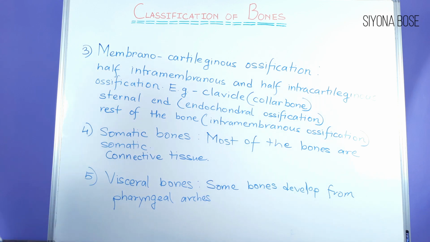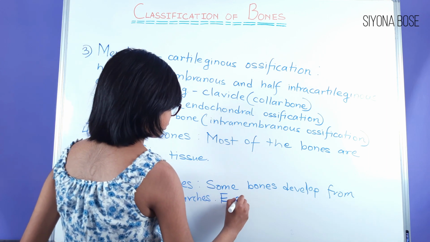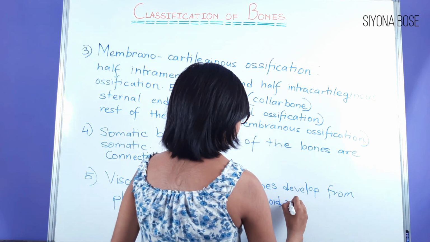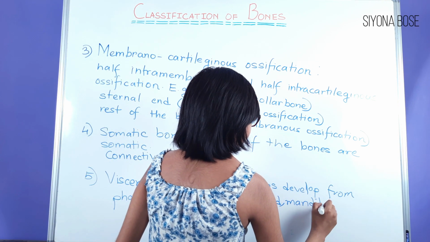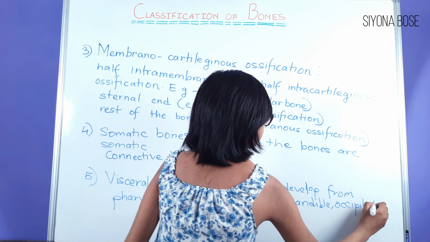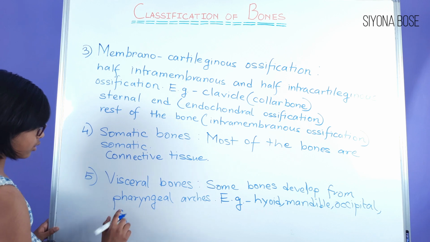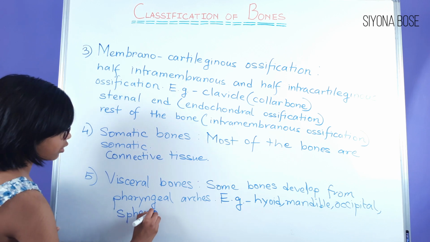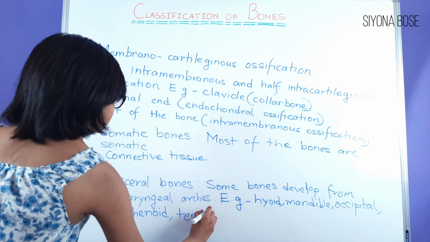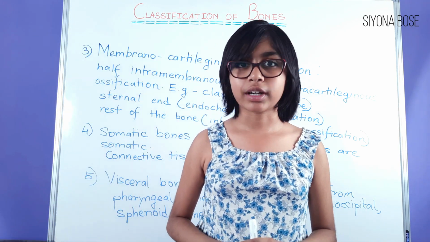Some bones develop from pharyngeal arches, and the examples are hyoid, mandible, occipital, sphenoid, and temporal. Now you may take a look at the board.